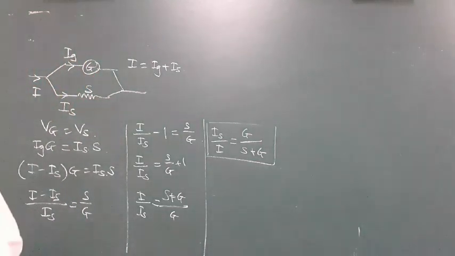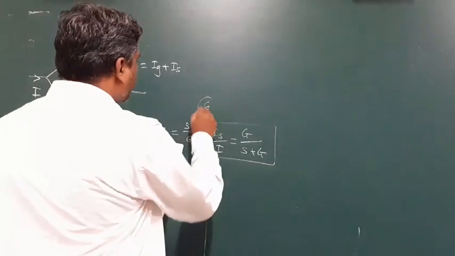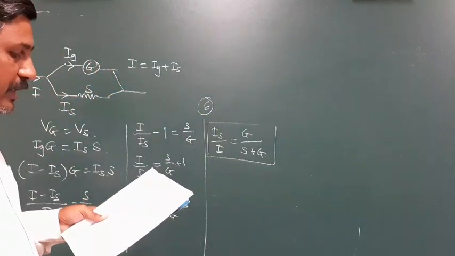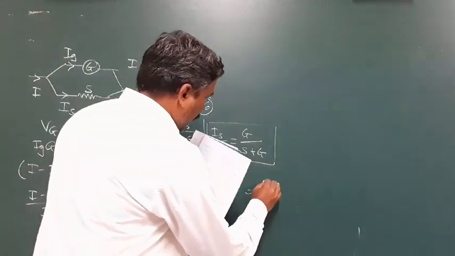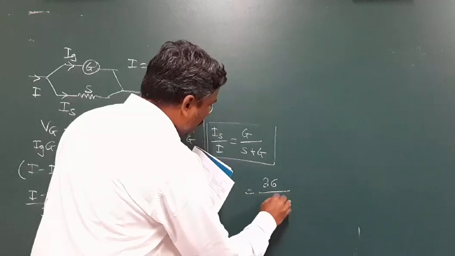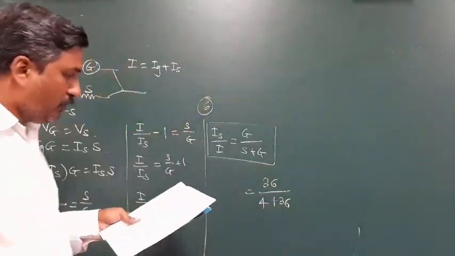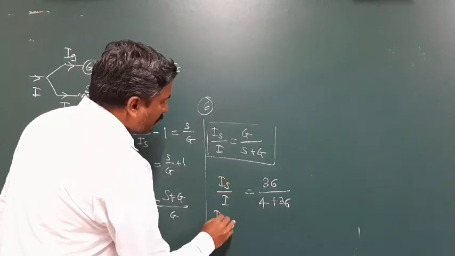Now that is my example number 6. A 36 ohm galvanometer is shunted by a resistance of 4 ohm. The galvanometer's resistance is 36 and it is shunted by a resistance of 4 ohm. Now we have to find Is upon I. So it will be very simple.